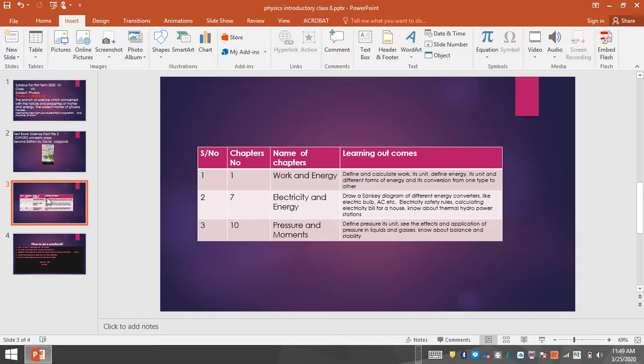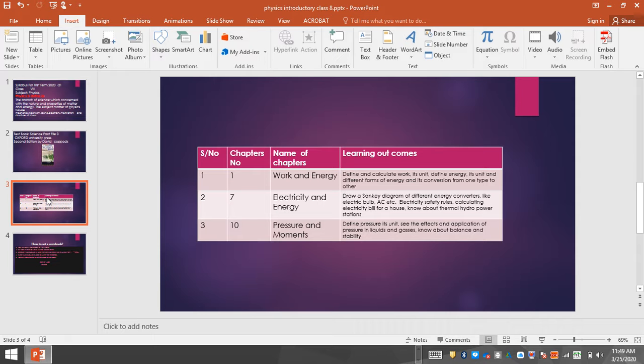We will be able to define energy and what units are used for energy, like in what units you can measure energy. Different forms of energy you will study in this chapter, and how we can change one form of energy into another form of energy.